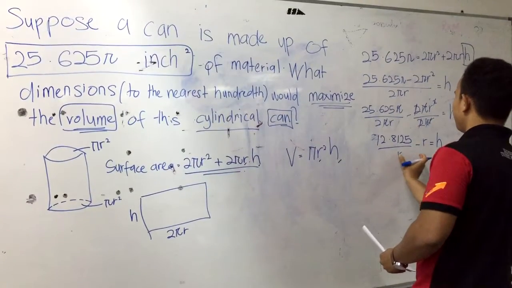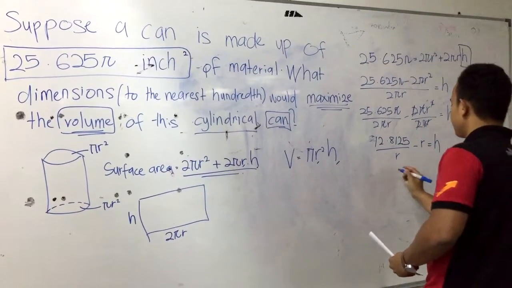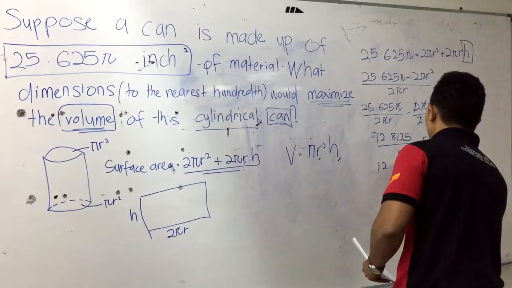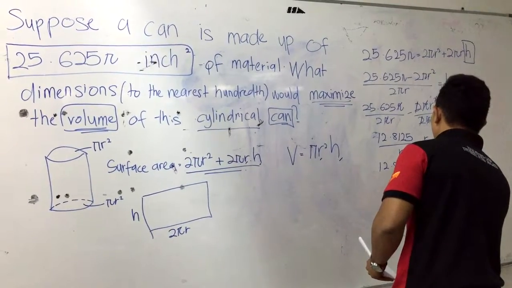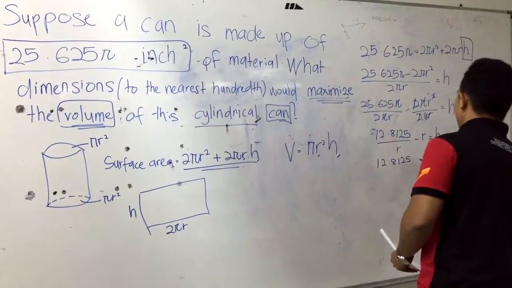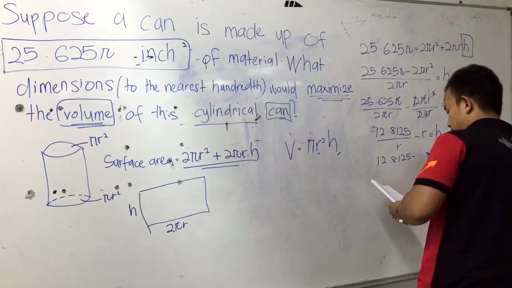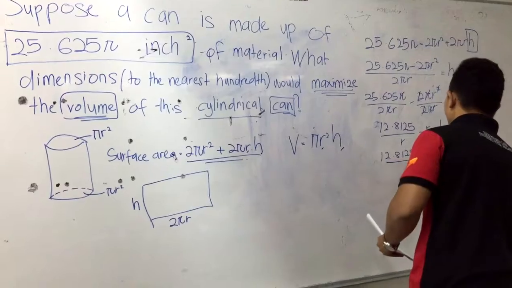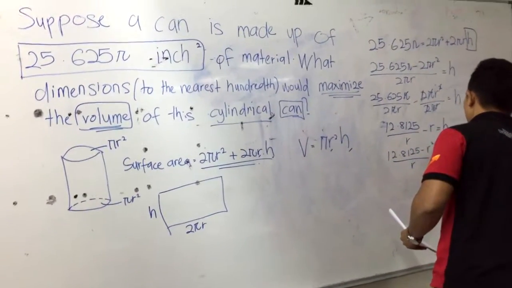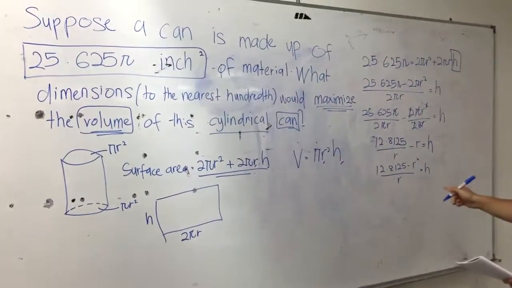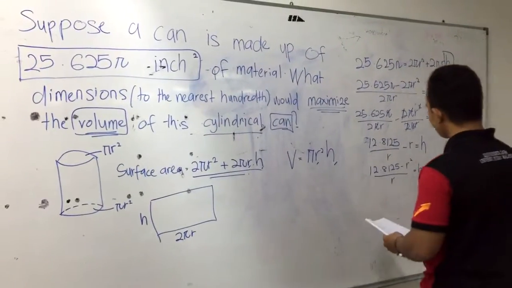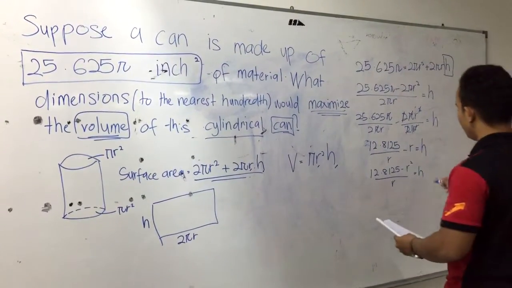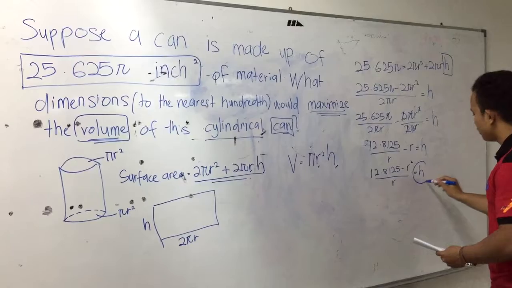We make the denominator the same, so it will be h equals 12.8125 minus r squared, divided by r. Is it right, Naim? Yes, yes. Okay, so we found h.